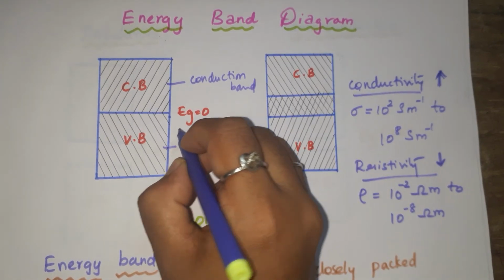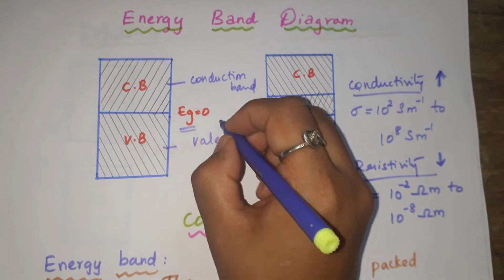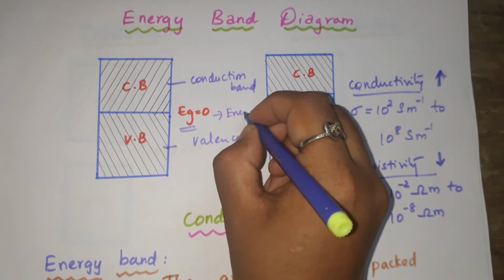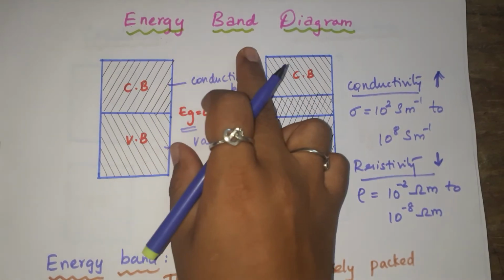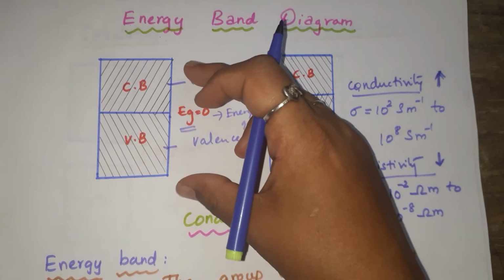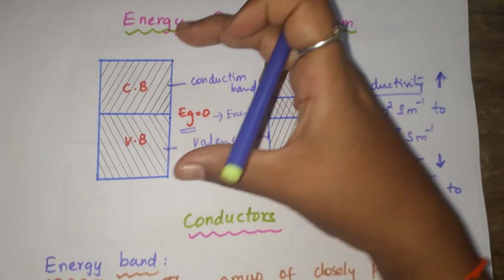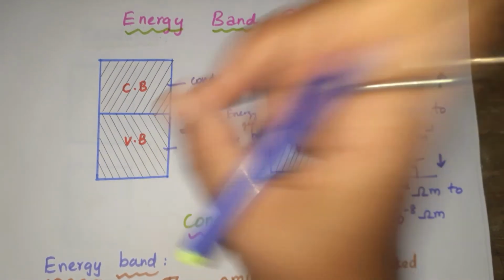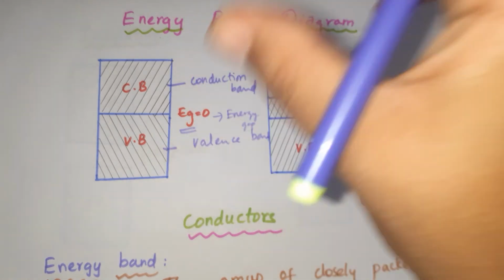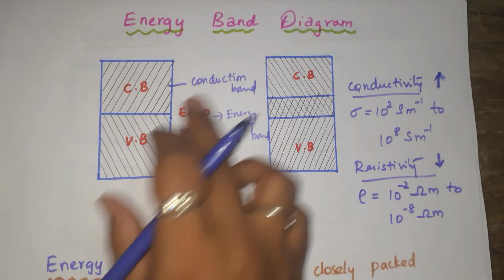Eg is the energy gap. What is an energy band? The group of closely packed energy levels is called an energy band. So, conduction band, valence band.